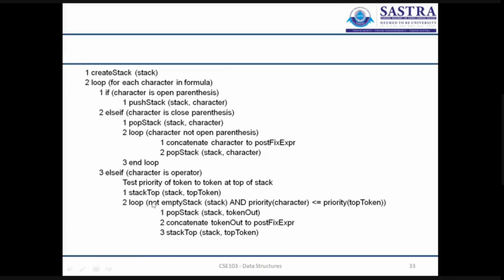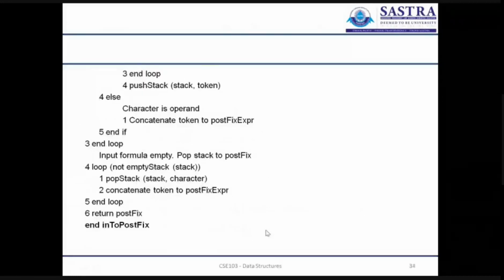Until you find a lower priority operator, pop all the characters from the stack and concatenate them with the postfix expression, and end the loop. If the character is an operand, directly concatenate it with the postfix expression. If the input formula is empty, pop all the values from the stack and concatenate them. Finally, return the postfix expression.